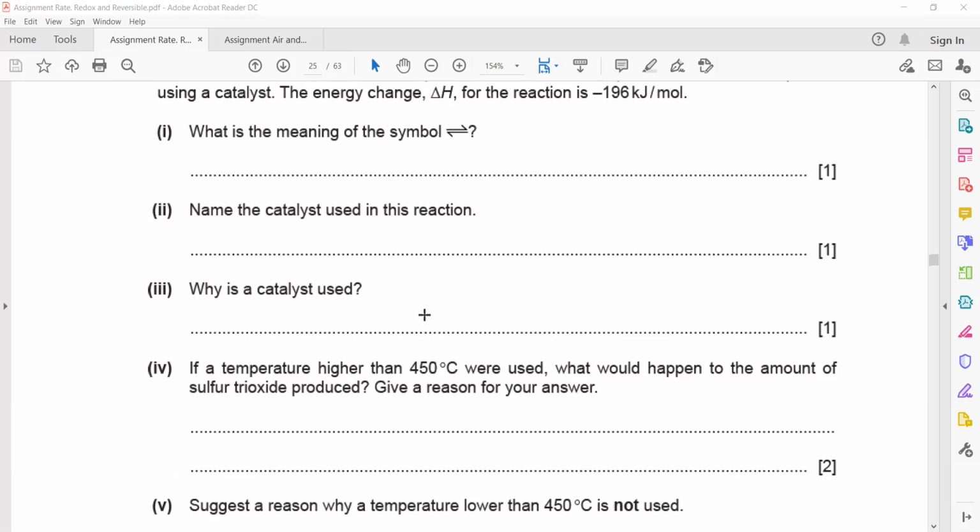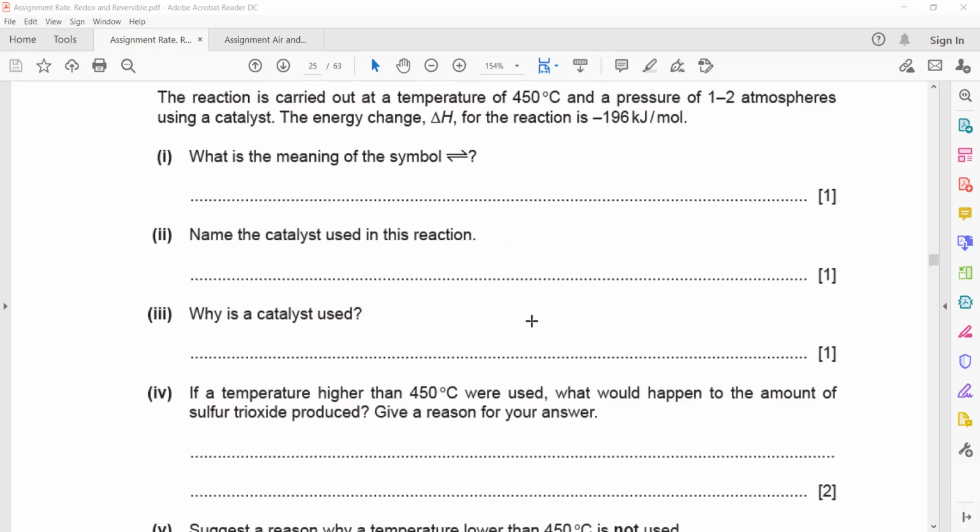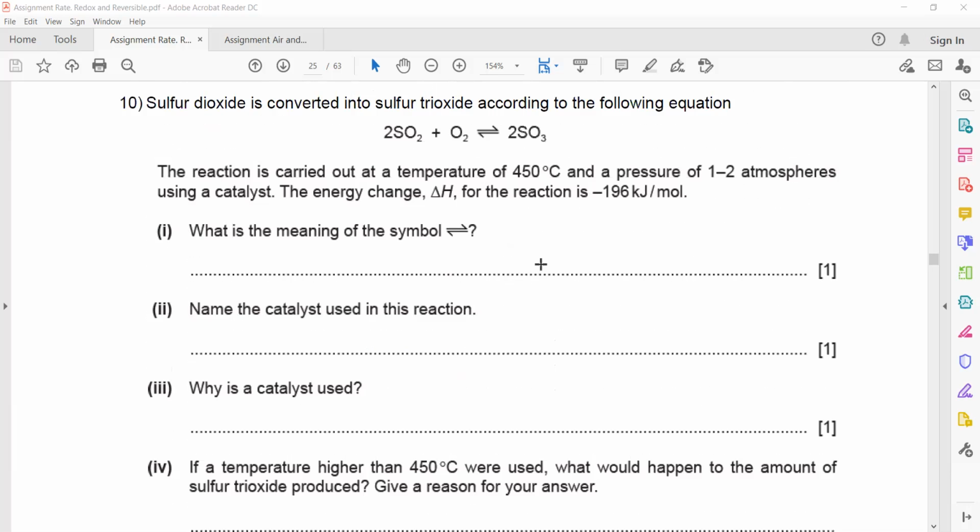If a temperature higher than 450 is used, what will happen to the amount of sulfur trioxide? The reaction is exothermic, so the reactants have high energy and the product has low energy.